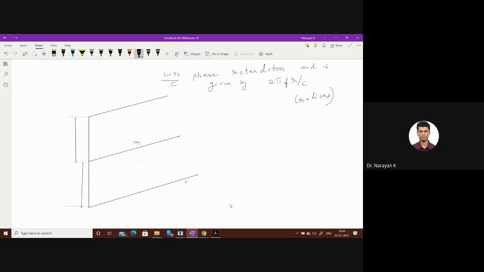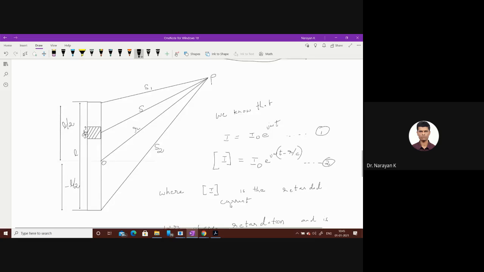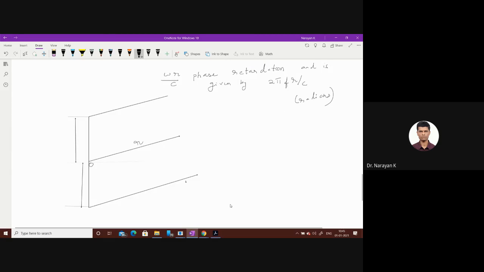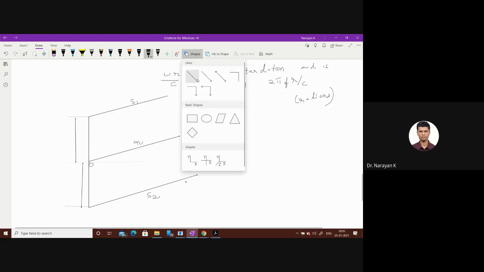What is this distance? R, from your midpoint O. That is what we have seen in the earlier diagram, the same thing I am trying to replicate here. So this is your distance S1 and this is your distance S2. I have to draw one more line here.